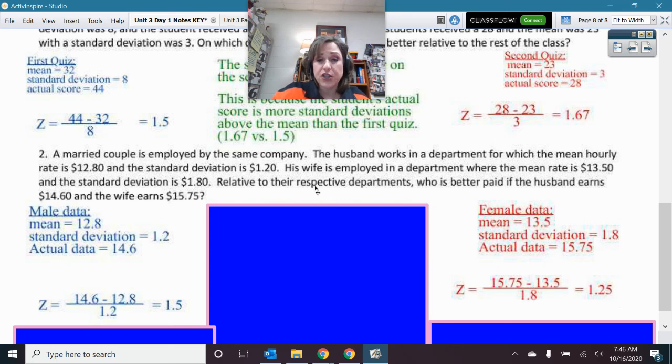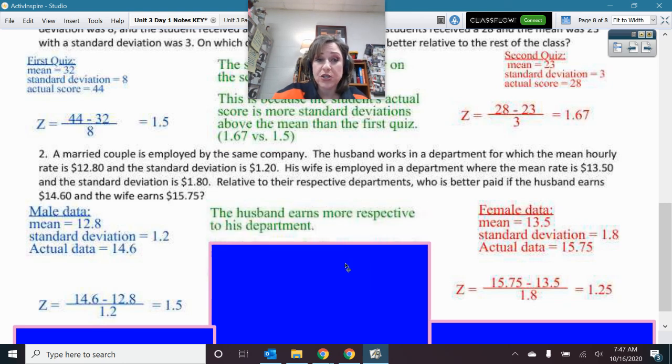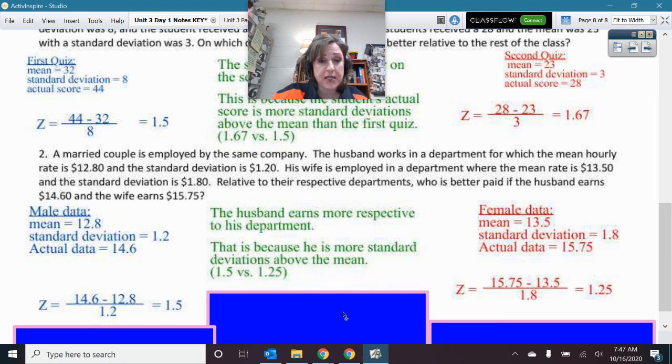So, relative to their respective departments, even though the wife gets more money per hour, who actually is higher up in his or her respective department? Well, the husband earns more relative to his department because he is more standard deviations above the mean. That's 1.5 versus 1.25.